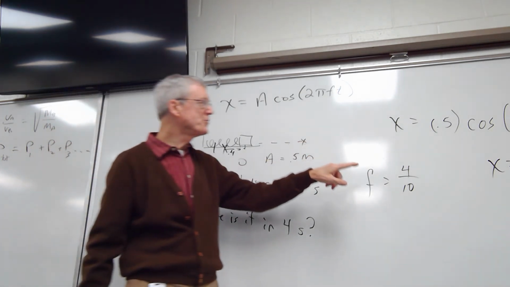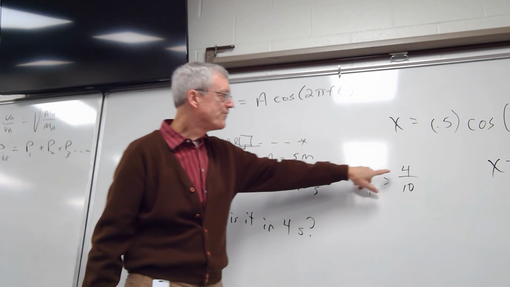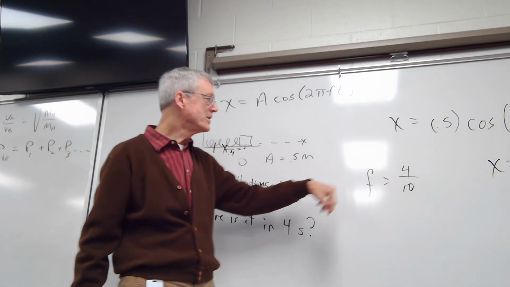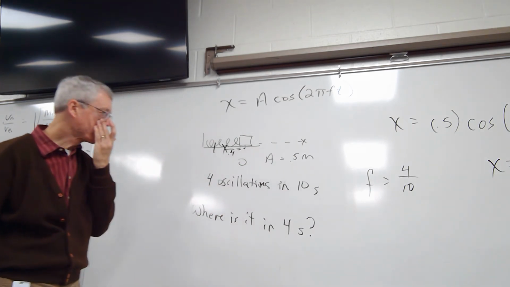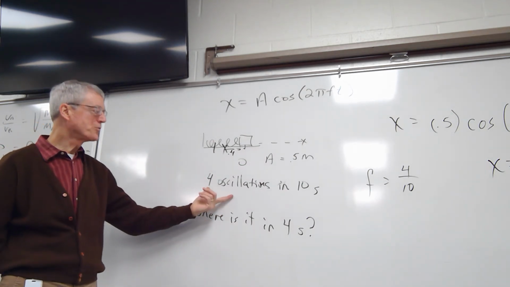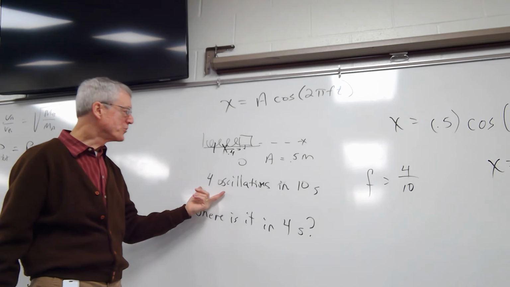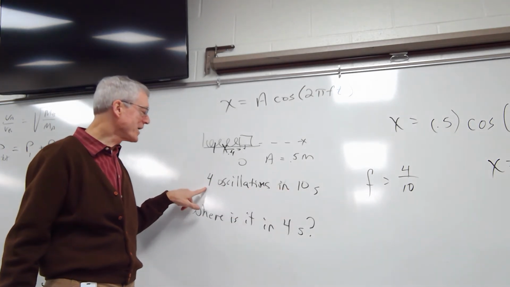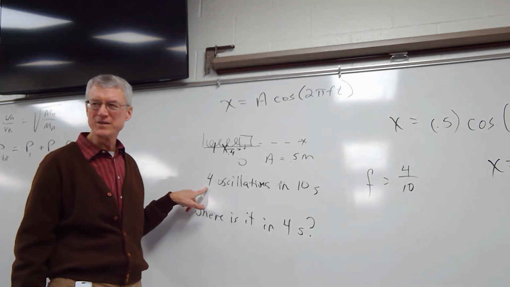If it really goes 4/10 of an oscillation every second, then, let's think about it this way. If it goes 4 oscillations in 10 seconds, 4 seconds is a little less than half of that, isn't it?